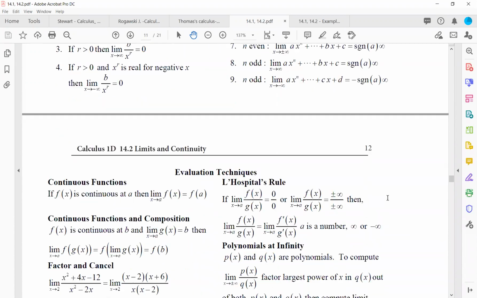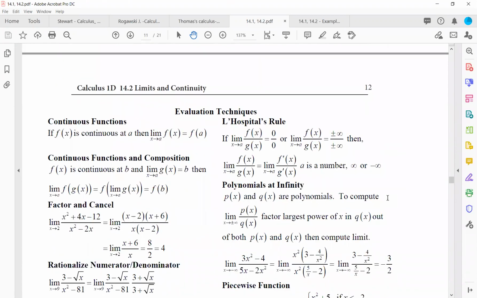On the next page, page 12, we have more techniques. For example, if you have a function and it is just a nice and continuous function, it means that the limit of the function at any point is the same as the value of the function, the outcome of the function, when you plug in that number.